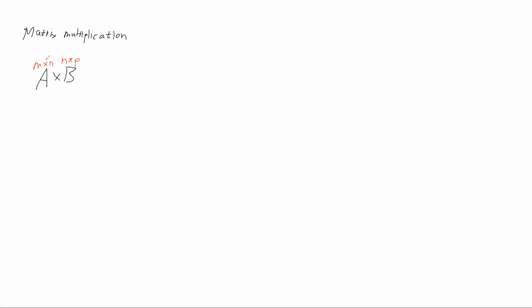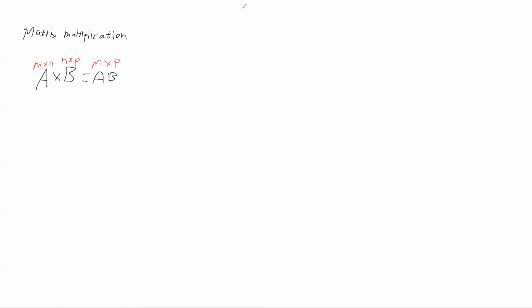Given that the number of columns of A is the same as the number of rows of B, the resulting matrix, let's call that AB, is going to have the dimension m by p.